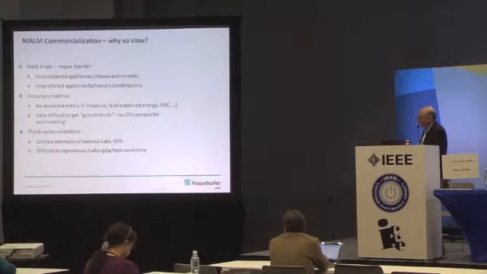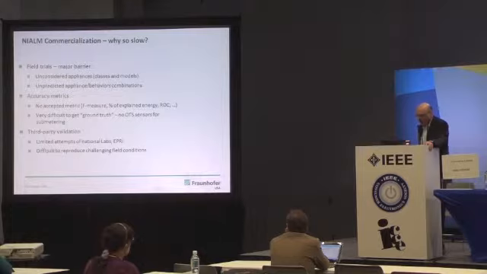What are the problems? The first problem is that everything works fine in the lab, everything works fine in an employee's home, but in field trials there are problems. Why is that? First of all, there are unconsidered appliances. It is very difficult to have a good spectrum of appliances well represented in the lab.